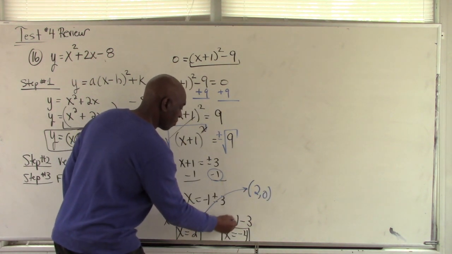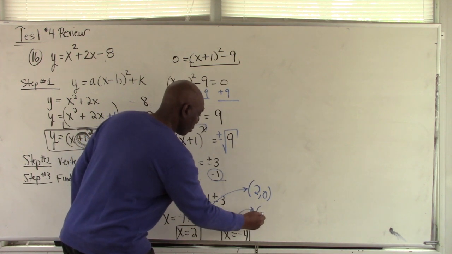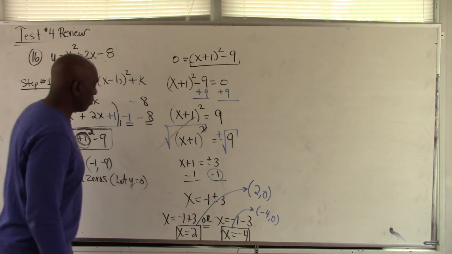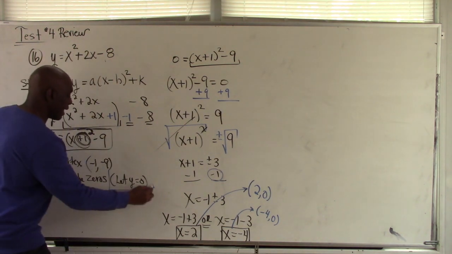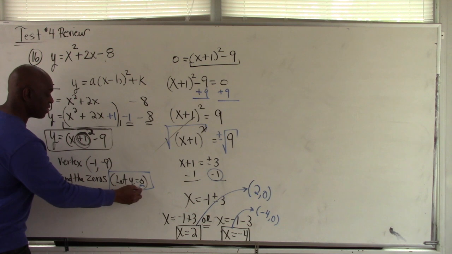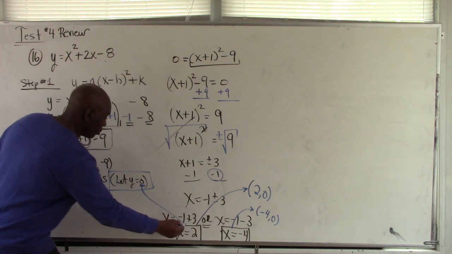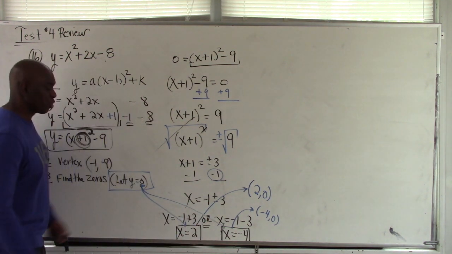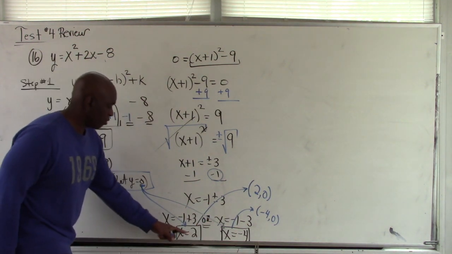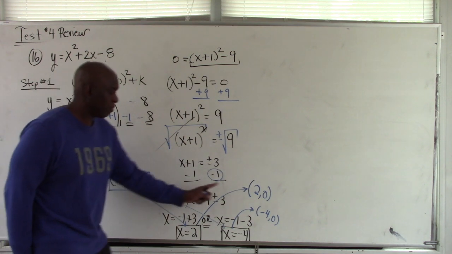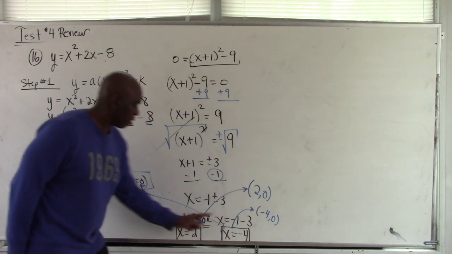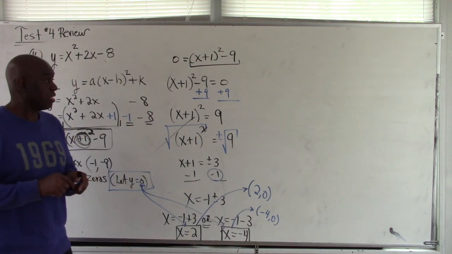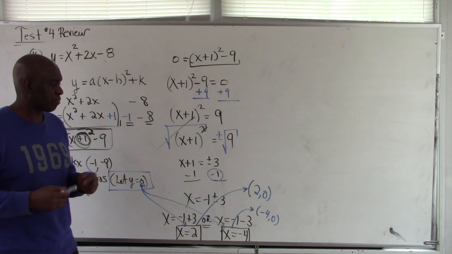And right here, when x equals negative 4, y is also 0. How do you know? Because we said what? Let y be 0. So when y is 0, we get an x of 2. And when y is 0, we get an x of negative 4. So put it as a coordinate point. So it's going to be 2, 0, and negative 4, 0. Alright, so we have those 2 points. Now we need 2 additional points.